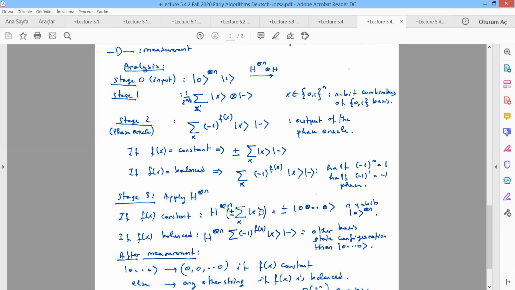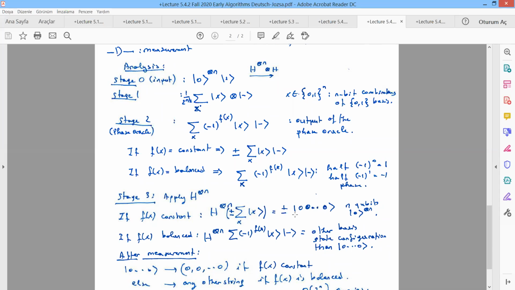So it's a unitary transform, and the inverse is itself. It's a self-inverse transform. So if we apply Hadamard tensor n to this superposition state that we obtain when f of x is constant, we revert it back to zeros and ones, because as we said, it's an inverse transform.